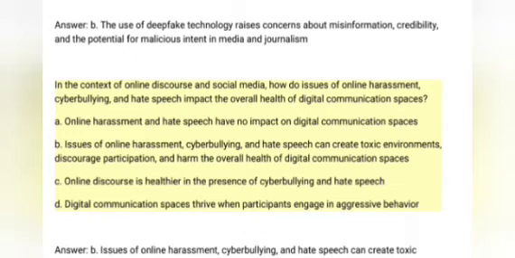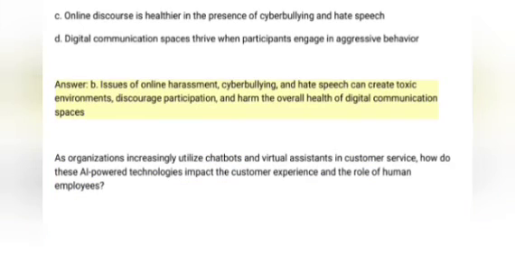C. Online discourse is healthier in the presence of cyberbullying and hate speech. D. Digital communication spaces thrive when participants engage in aggressive behavior. Answer: B. Issues of online harassment, cyberbullying, and hate speech can create toxic environments, discourage participation, and harm the overall health of digital communication spaces.